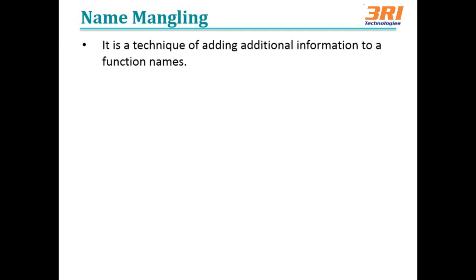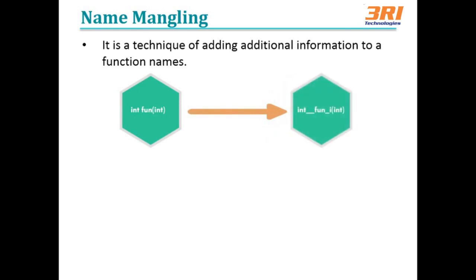C++ has no standardized technique for name mangling, so different compilers use different techniques. For example, if you have an overloaded function by the name fun, it internally changes the name to something like _fun_i.